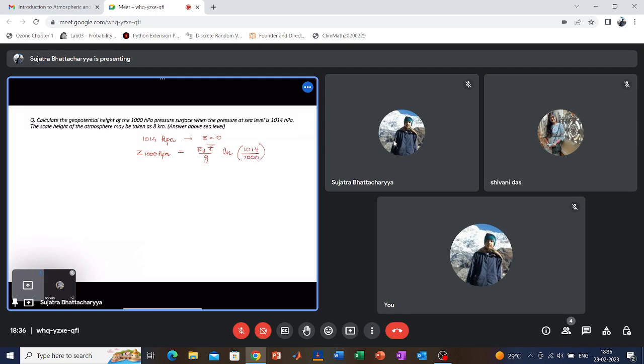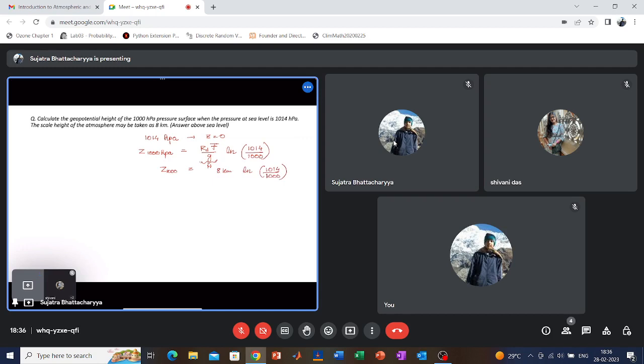That's all. So this is nothing but the scale height, given to be 8 kilometers, times log of 1014 by 1000. So Z at 1000 can be easily found out now. You calculate it out, it comes out to be about 0.11. And that is the answer, I think.